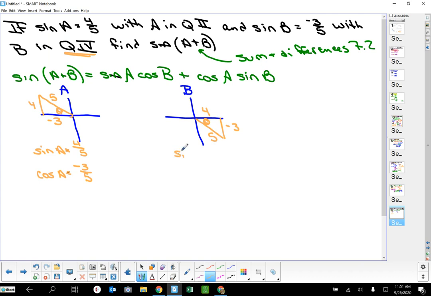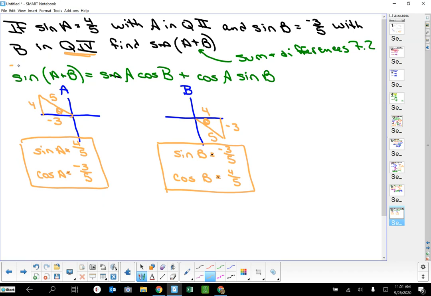So we know sine of B is negative 3/5, which means cosine of B is 4/5. And now I can use this information, these two and these two, to expand out into this formula. Okay, so I'm going to do that in green down here underneath these boxes.